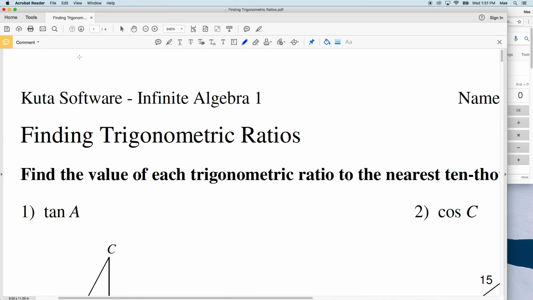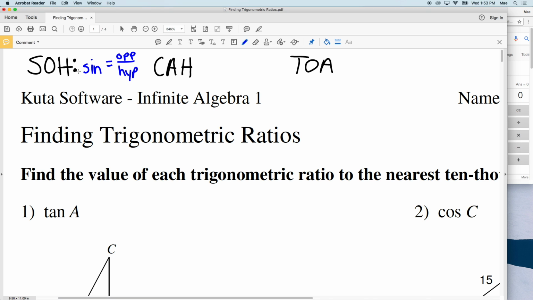Before we do that, I want to discuss SOH CAH TOA. SOH CAH TOA will help you remember what sides of the right triangle you're going to be using. So, think sine equals the opposite side over the hypotenuse.